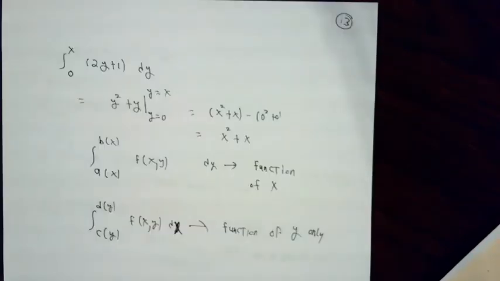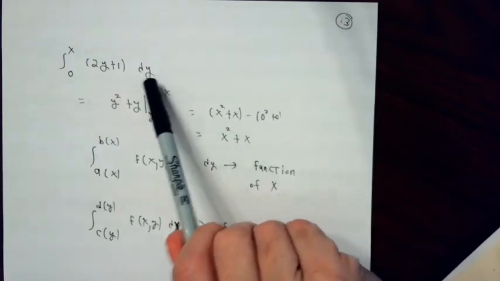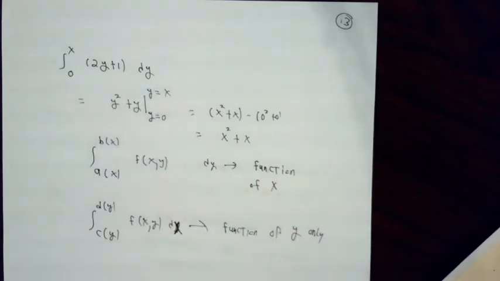So firstly, the integral from 0 to x of 2y plus 1 dy, we'll just use the antiderivative method. If y is the variable, an antiderivative is y squared plus y, and it is y that I have to put the value 0 and x into to subtract.